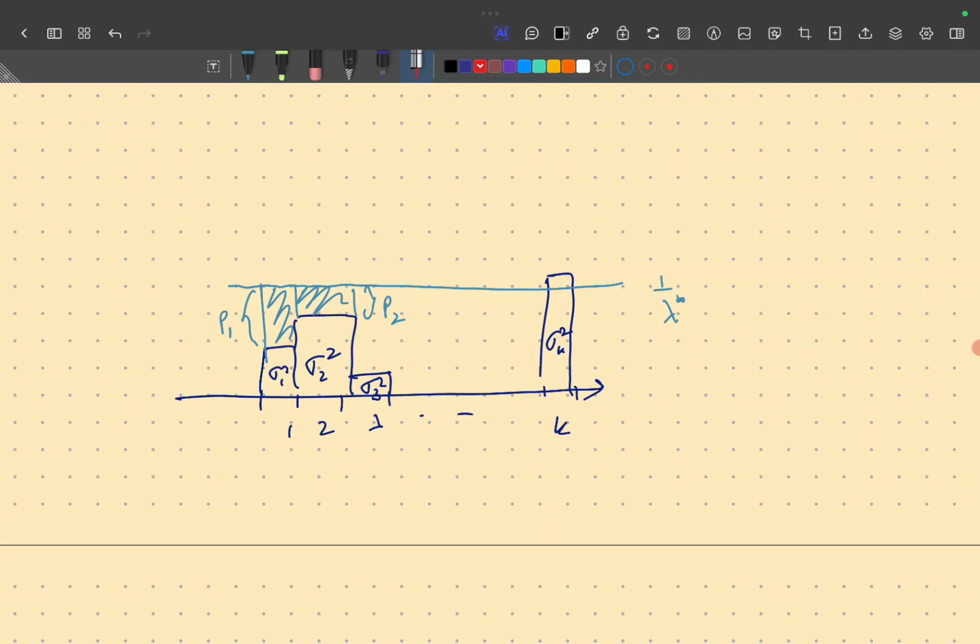And once you fill in water, some of these steps could come above the water, some of these steps are below the water level. And what is the depth of the step from the water level? That's the amount of power that you are going to allocate. So this is commonly referred to as a water filling argument. All right, and this is also called the water filling solution.